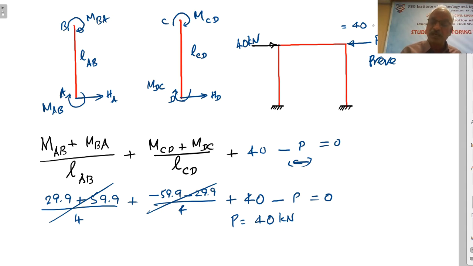This is preventing sway. By applying an opposite force we have made this equation, sigma H equal to 0. Therefore P equal to 40 kilonewton is preventing the sway.